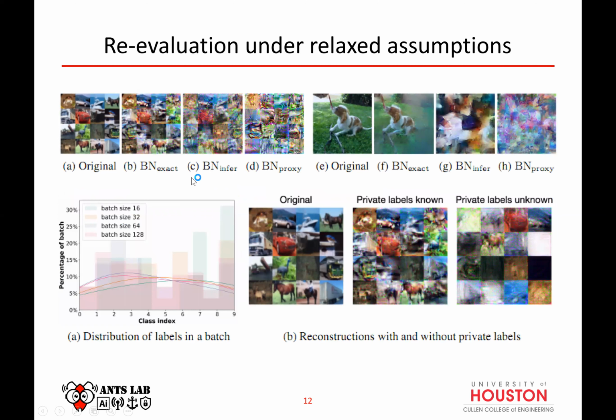We can see that when attacking a batch of 60 low resolution images from the CIFAR-10 dataset and recovering a single high resolution image from the ImageNet dataset, if they know the exact batch normalization information, they can recover the image better.